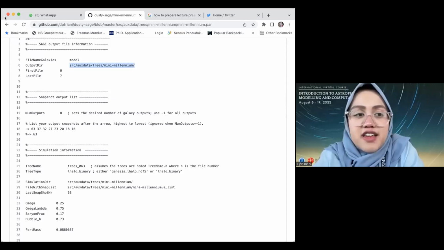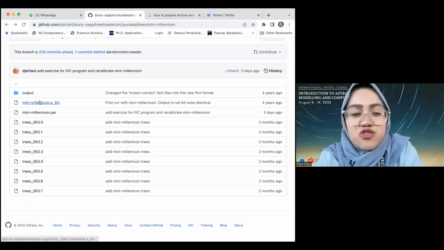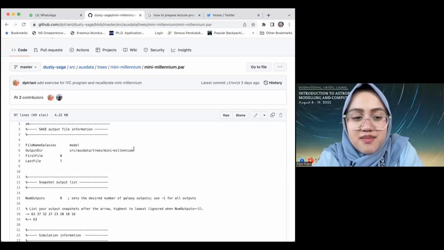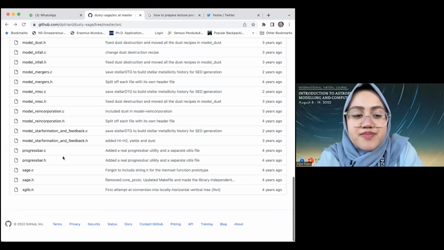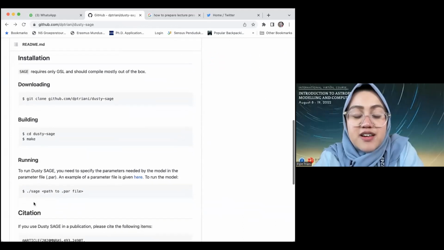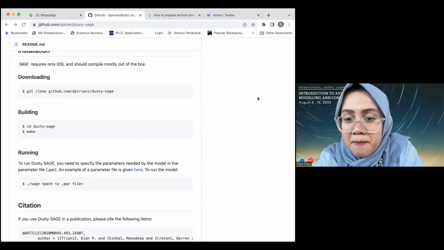Maybe copy that and then make your own directory somewhere. For example, you can make dir output or make dir Megat, and you can change that path here to your own directory. And to run it, you can type this and the path to your own directory.